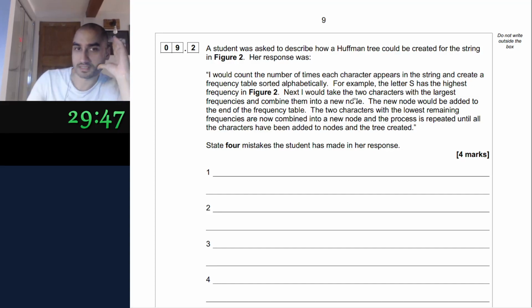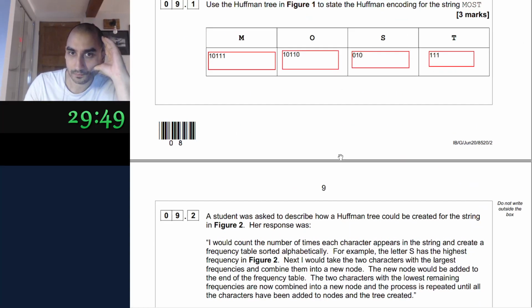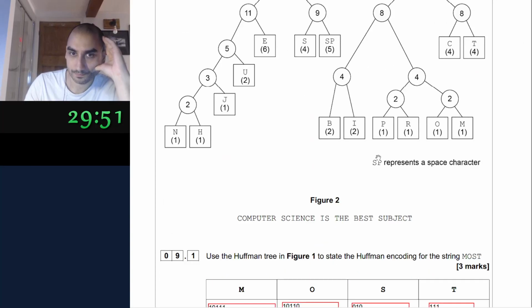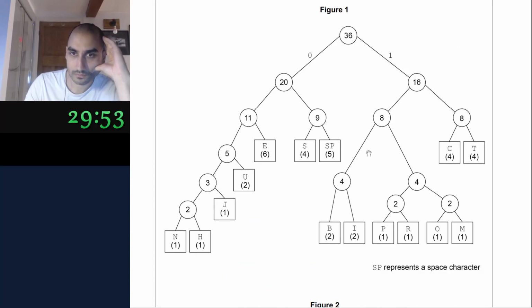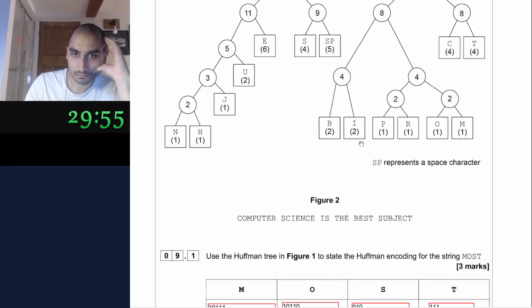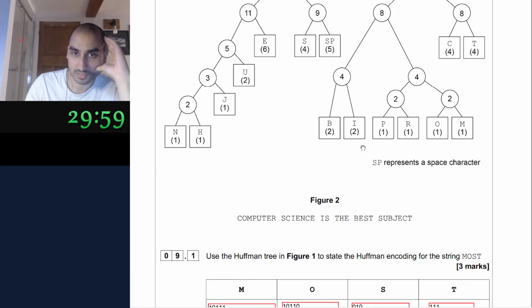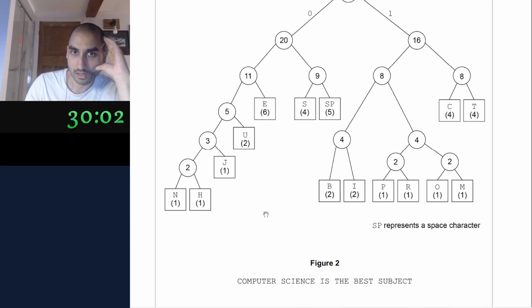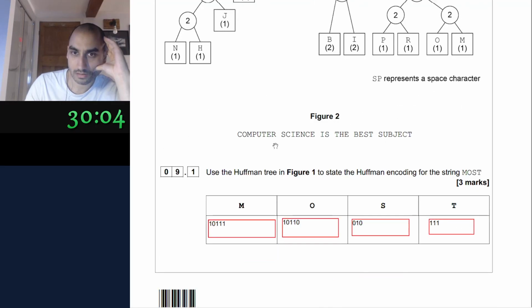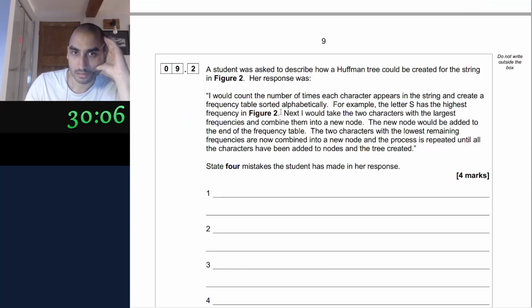For example, the letter S has the highest frequency in figure 2. Probably does, yeah. It has the joint highest, but she didn't make a mistake. Next, I would take the 2 characters with the largest frequencies and combine them into a new node.